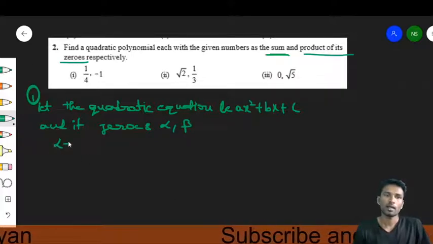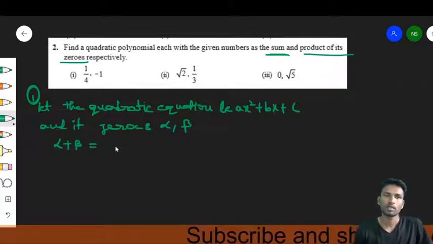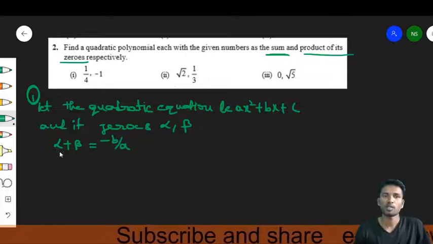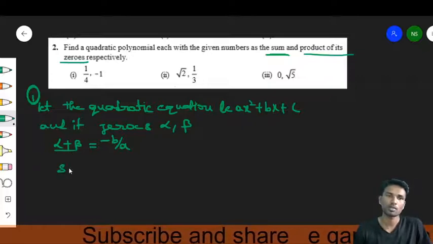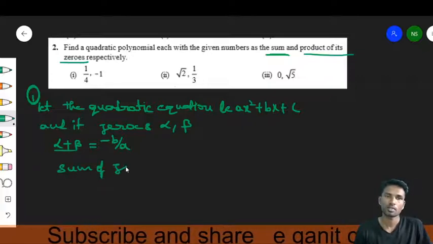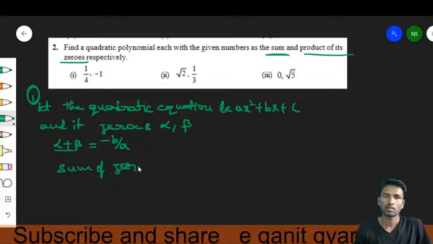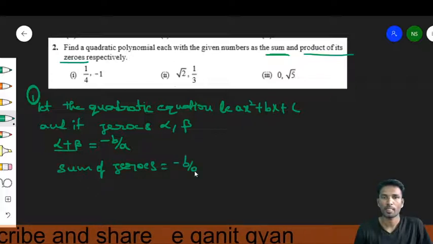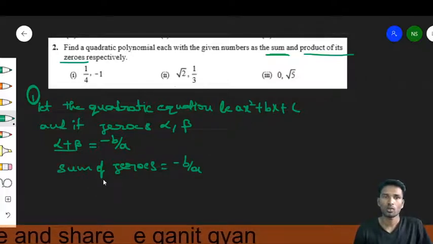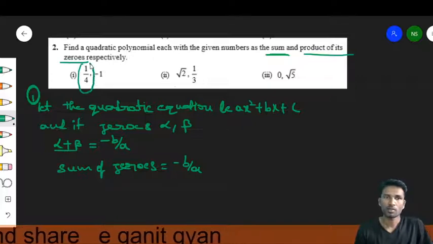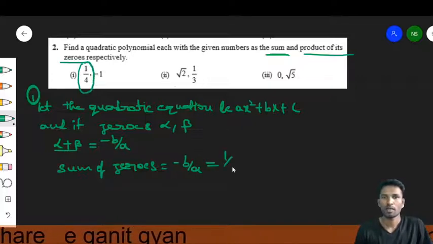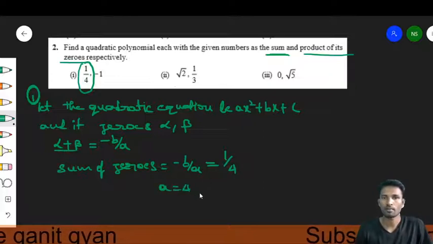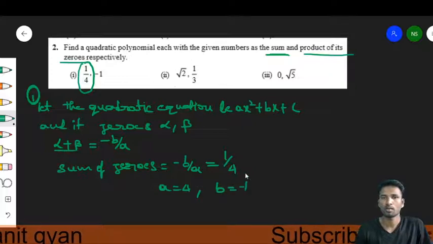So what I can write here, alpha plus beta is minus b by a, which is nothing but the sum of zeros. Here what they gave, sum of the zeros is 1 by 4. So from this I can write a value 4 and b value -1.